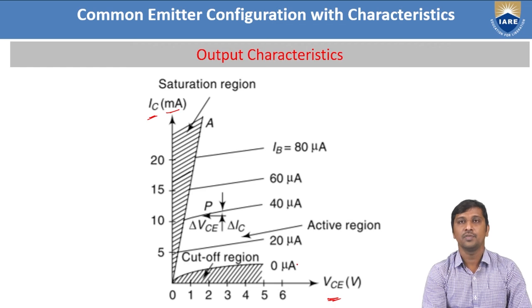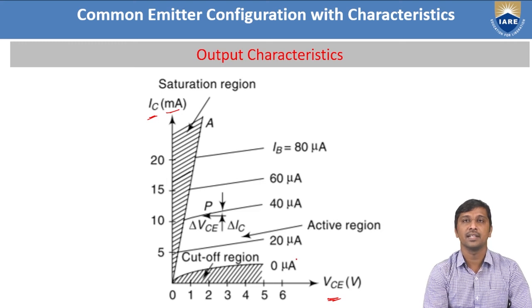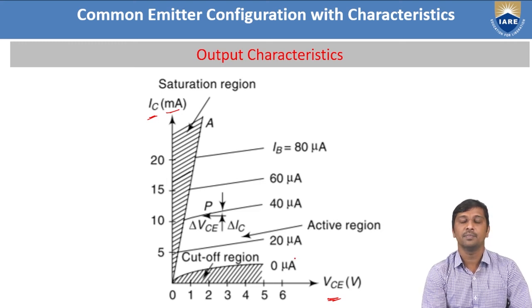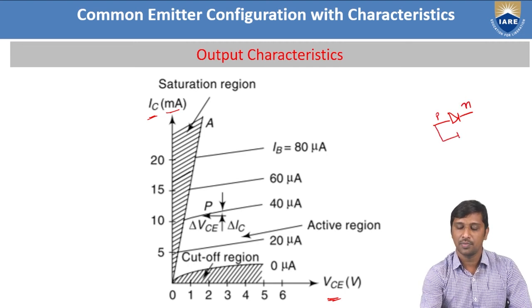Similarly, what happens at the output side? The output junction is reverse biased, which means the output voltage is proportional to the biasing energy. We know that when a PN diode is operated in reverse bias, P is connected to the negative pole of the battery and N is connected to the positive pole of the battery.